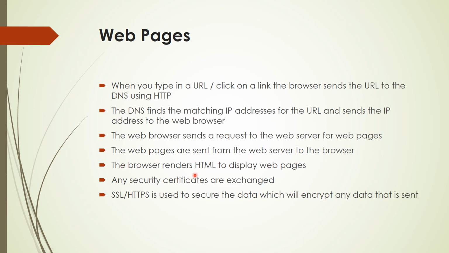The browser renders HTML to display web pages. All the pages you see on web browsers, the websites you visit, these are all called web pages. A website is basically the collection of web pages. SSL and HTTPS are used to secure the data, which will encrypt the data that is sent.